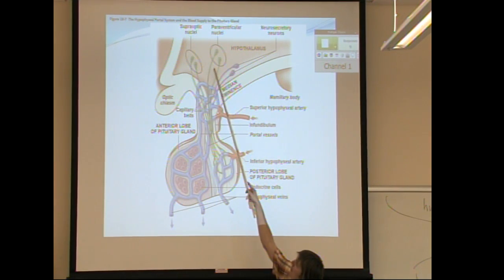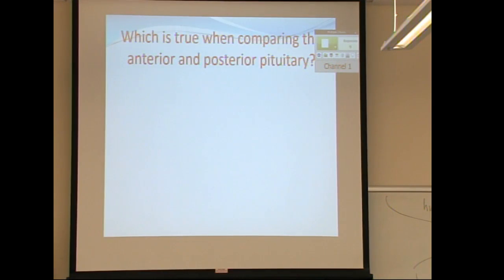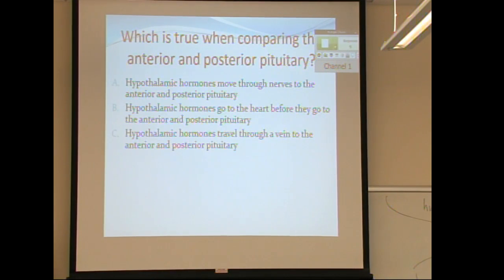But the posterior just travels straight through these axons to the posterior. And it's extra mean because it's almost always more than one of the above. It's always that, but not this time.